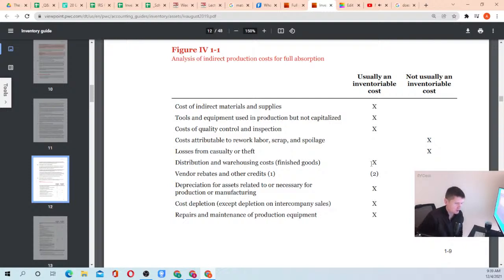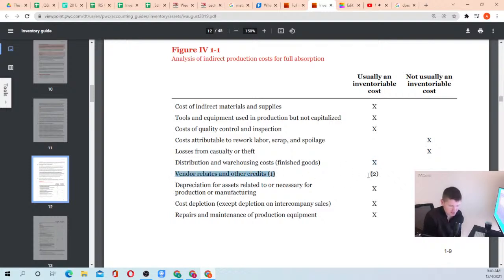But if you ship your inventory to a customer, you usually expense that shipping cost, if the sale has occurred. If not, there might be something to think about in this case. But if you sold the item, you just recognize an expense for distribution to customer. For distribution to your warehouse, you capitalize the costs.